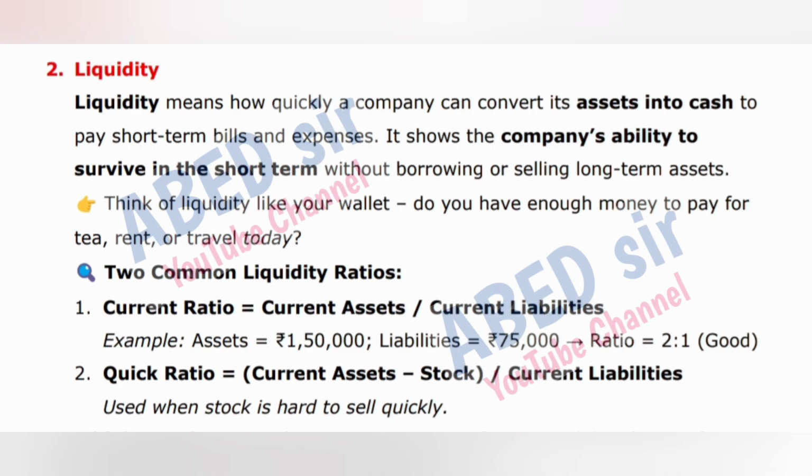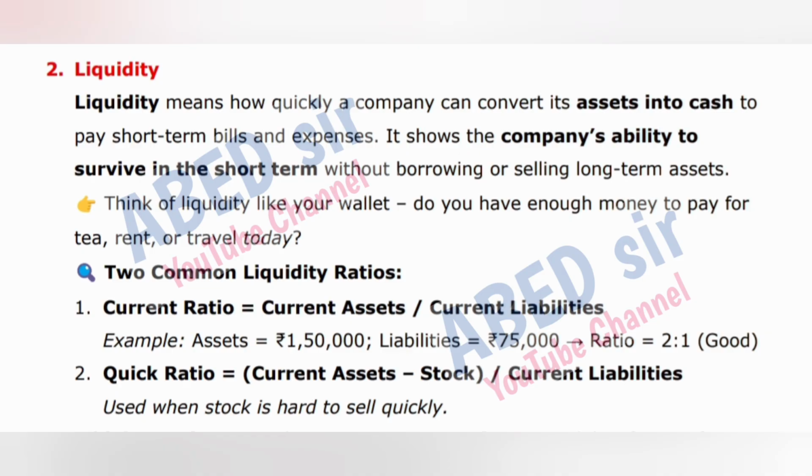2 common liquidity ratios. 1. Current ratio is equal to current assets / current liabilities. Example: assets is equal to 1,50,000 rupees, liabilities is equal to 75,000 rupees, ratio is equal to 2, good. 2. Quick ratio is equal to (current assets - stock) / current liabilities.